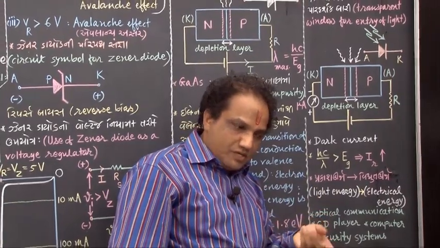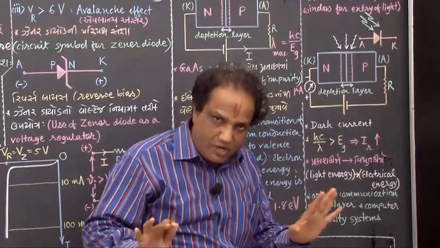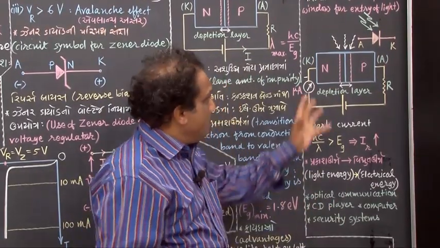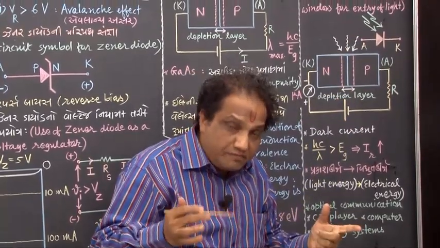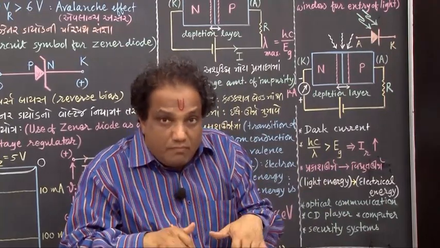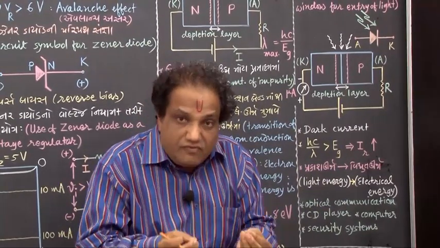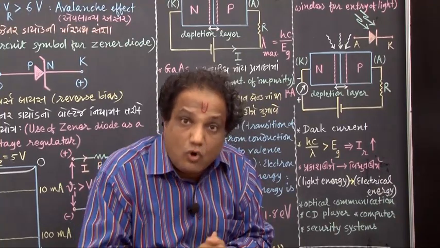Already at room temperature in the depletion layer, a certain number of covalent bonds are getting broken, correct? But now, because of absorption of incident light, more covalent bonds will get broken. If more covalent bonds are broken, it will release more pairs of electron and hole.